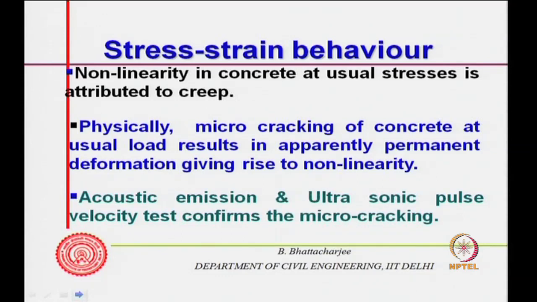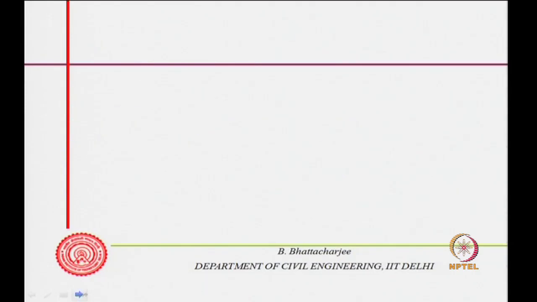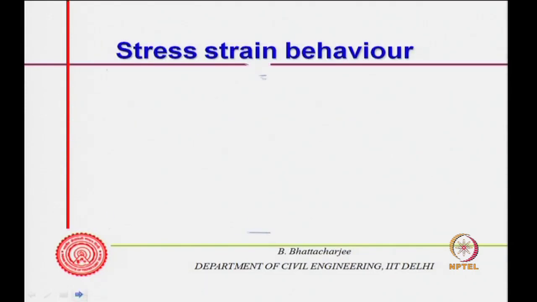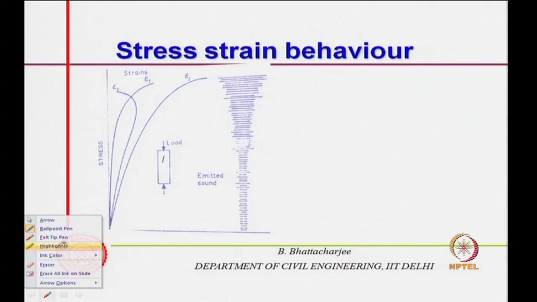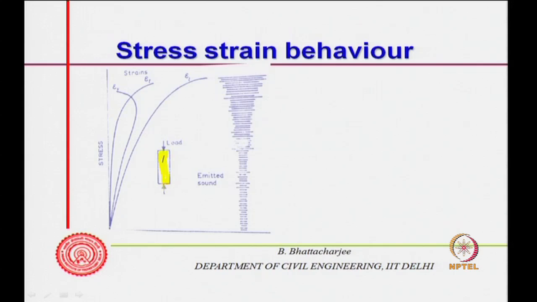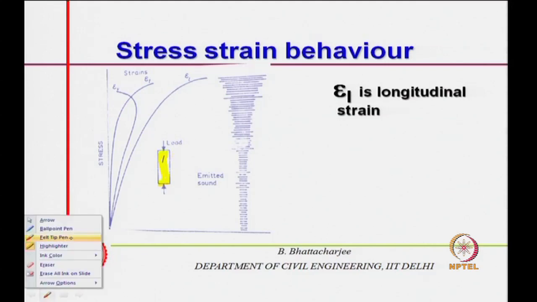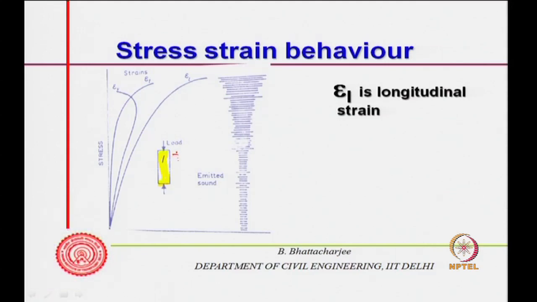Now, this has been confirmed by tests such as acoustic emission and the ultrasonic pulse velocity test. So, micro cracking is generally confirmed by these. Now, let us look at this. If I apply load like this on the specimen, this is longitudinal strain, that means strain along this direction, the dimension change.